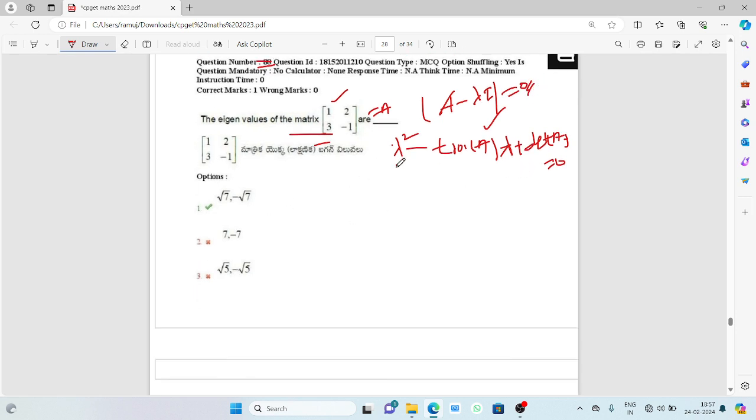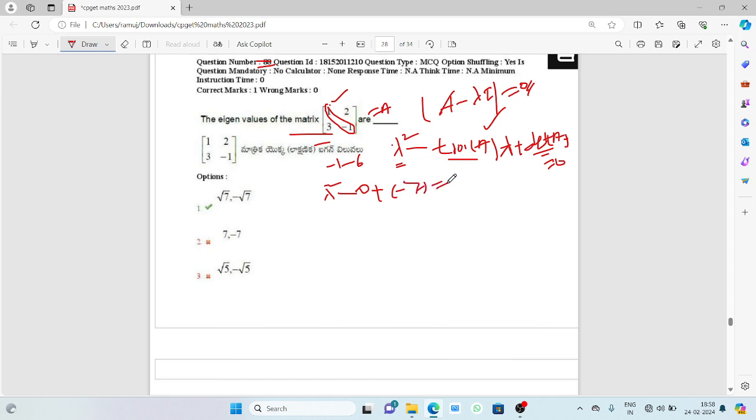So lambda square minus trace of A, where trace of A means the sum of the diagonals, that is 1 minus 1, which gives 0, plus determinant of A. If you do the determinant, you get minus 1 and minus 6, so that gives minus 7.